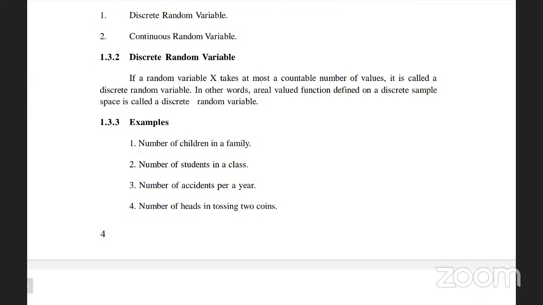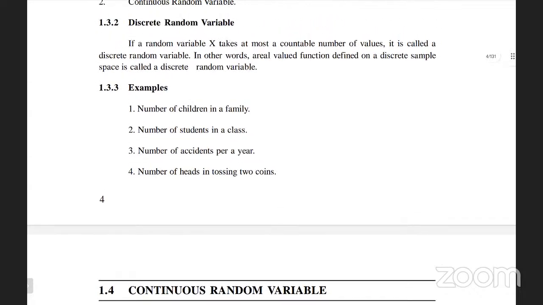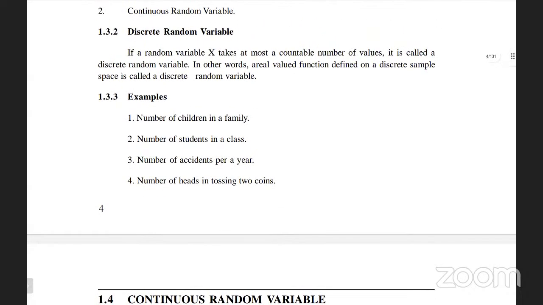Number of students in a class, number of accidents per year, number of heads in tossing two coins. The number of accidents changes from one particular year to another. Those kinds of observations are called discrete random variables.